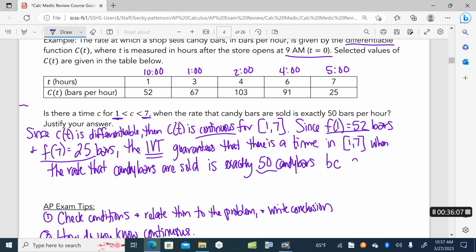So because 25 is less than 50, is less than 52, I have to show that 50 falls in between those two y values. So since C of t is differentiable, then we are continuous on the closed interval. F of 1 equals 52, f of 7 equals 25, so the IVT guarantees that there is a time in 1 to 7 when the rate that candy bars are sold is exactly 50 candy bars because 50 is in between 25 and 52.